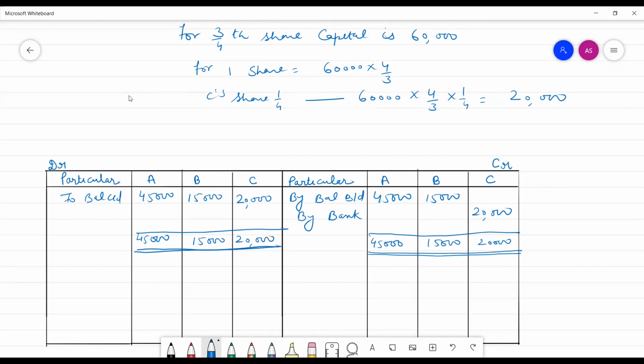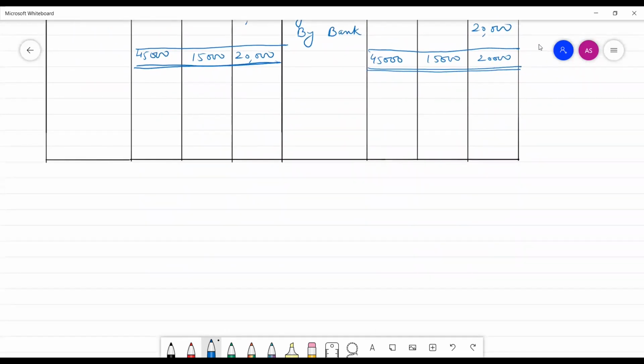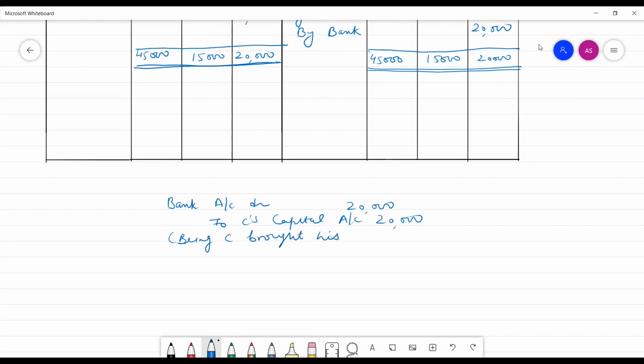The journal entry would be bank account debit to C's capital, the amount is 20,000, being C brought his share of capital. This is the topic related to the adjustment of capital.